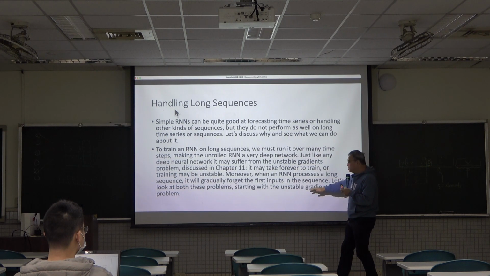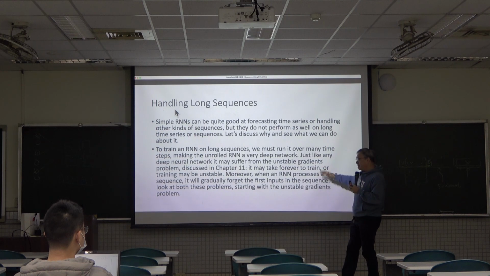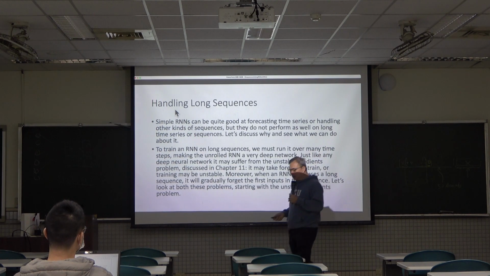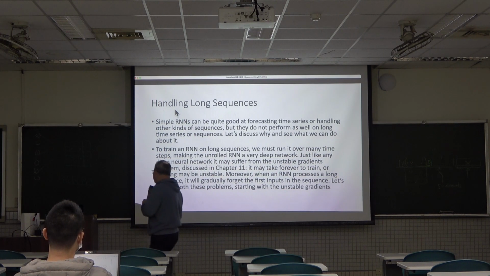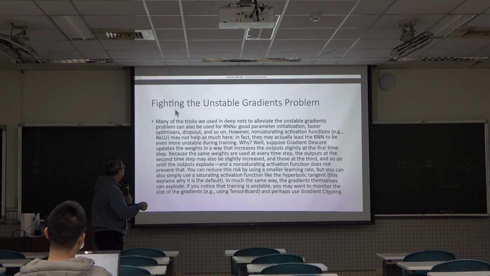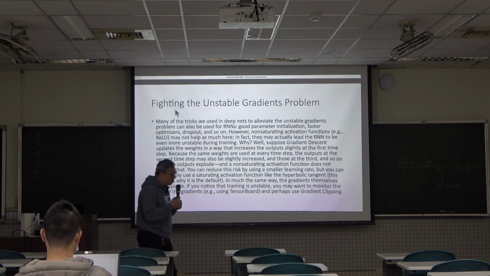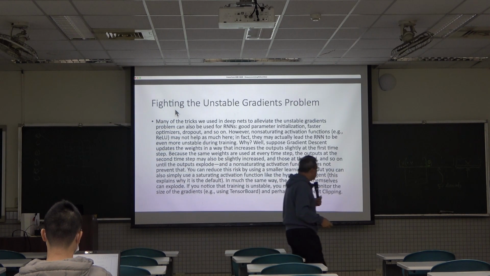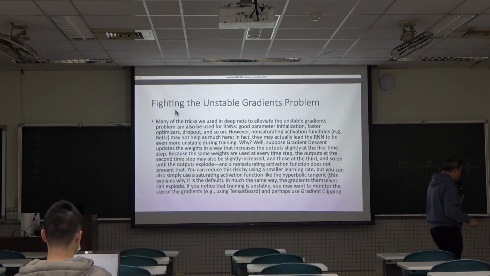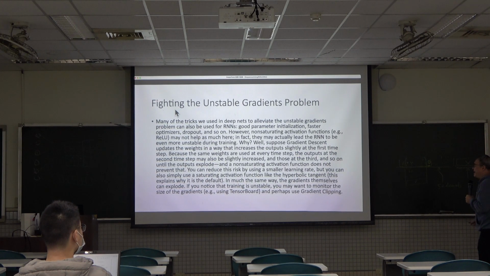So what do we do? Let's talk about these two issues. How do we solve them? The first issue is the unstable gradient problem. We talked about many ways to deal with that, especially in chapter 11.